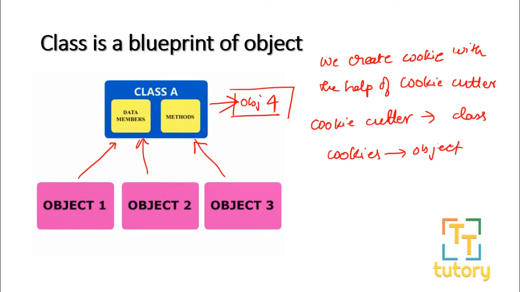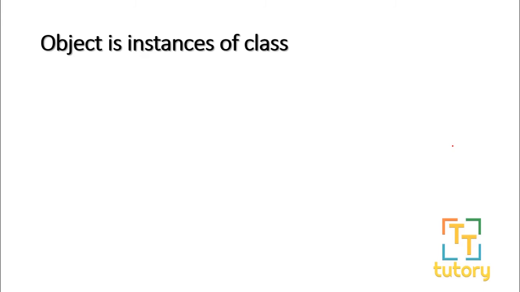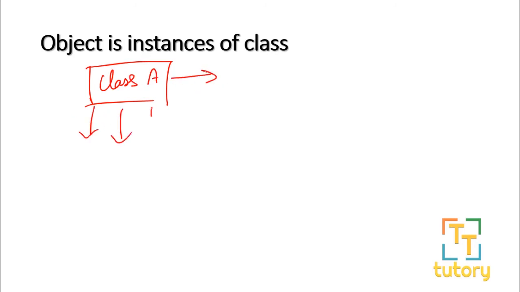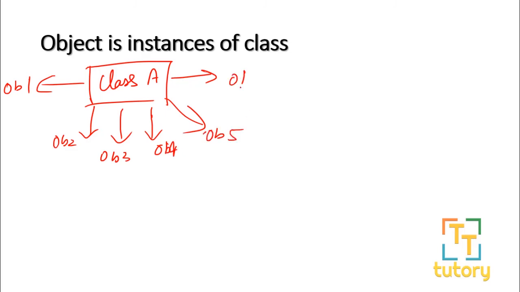Okay, so moving on. Now the next statement is object is instance of class. What I mean to say with this statement is that if you have a class definition, suppose there is a class A, we can create n number of objects for this class: object 1, object 2, object 3, object 4, object 5, object 6.